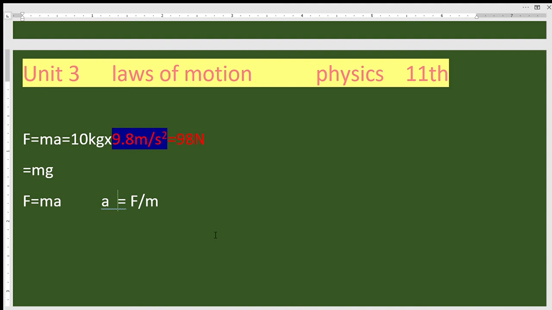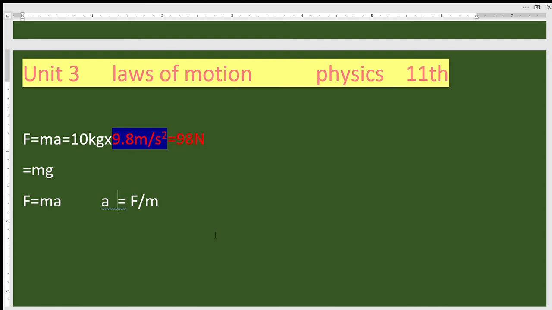That we'll see in Newton's third law. Whenever there is action, there is a reaction. If someone pulls you, you oppose that person and you start pulling. For example, the 10 kg weight you were carrying in your hand, Earth was pulling that and you were also pulling that.